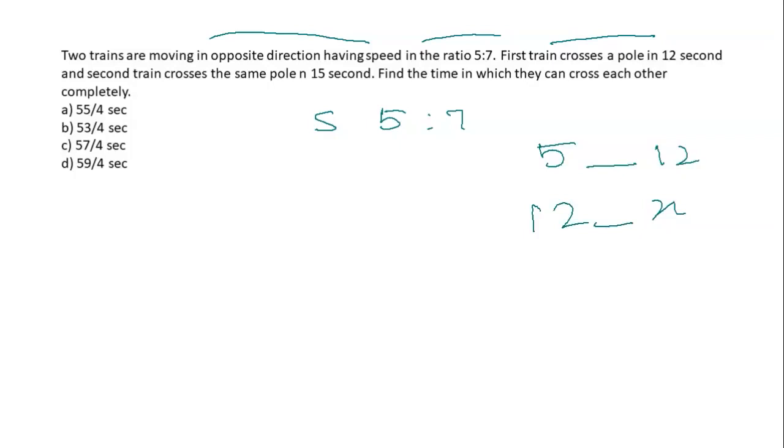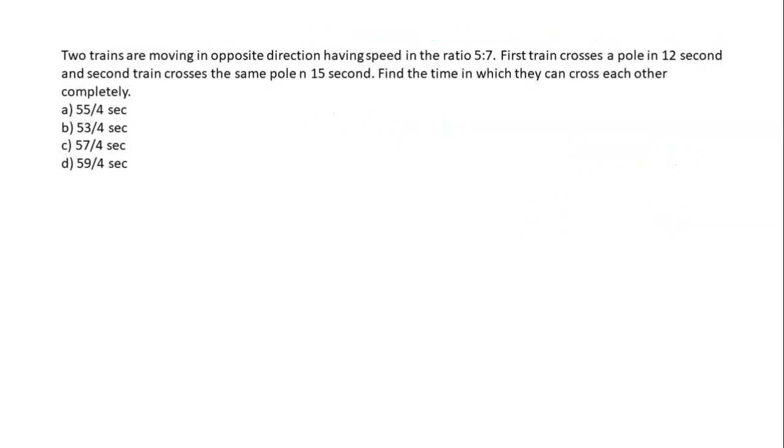I'm not sure about the length of the train. See, the first train crosses a pole in 12 seconds and the second train crosses the pole in 15 seconds. If the speeds are 5 is to 7, then the time taken should be in the ratio 7 is to 5, 7 parts is to 5 parts. But we have 12 seconds here.